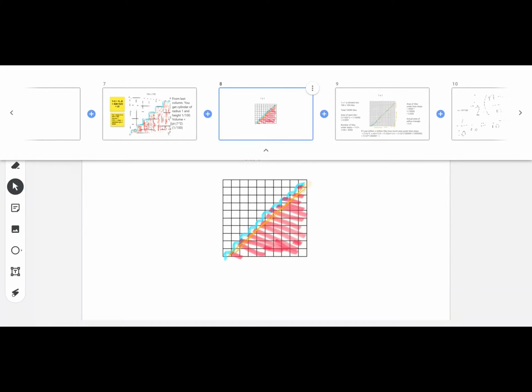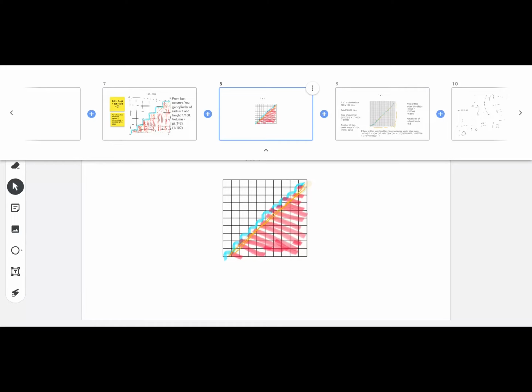Sir. Yeah. So for the triangle case, did we need to actually go through this 1 plus 2 plus 3 till n to get the area of the triangle, or can we just easily see that there are 2 congruent triangles in the square, and so the area of the triangle is half the area of the square?